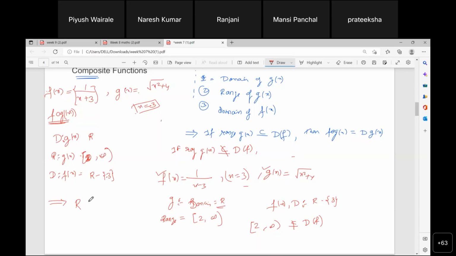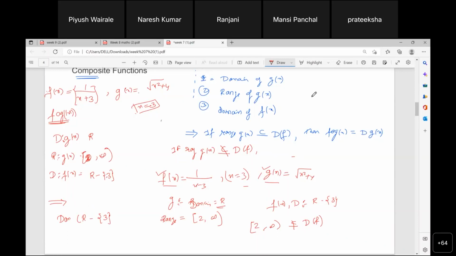So the domain of g of x is R minus 3. So this will be my domain for this fog, for this particular f of x and g of x, because we have to eliminate those values for which f of x is not defined.